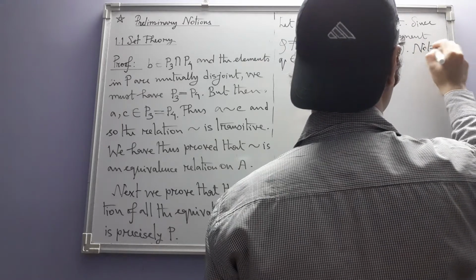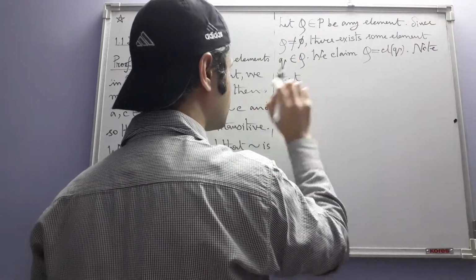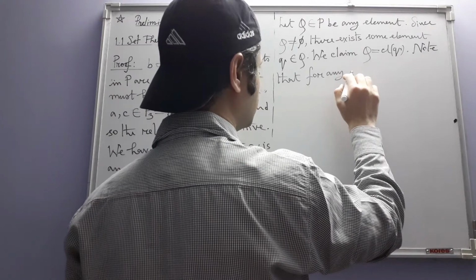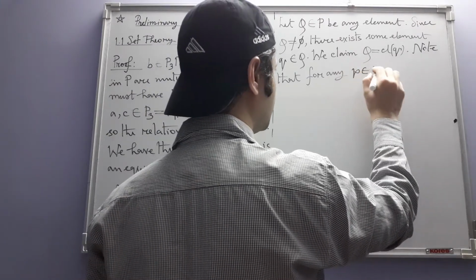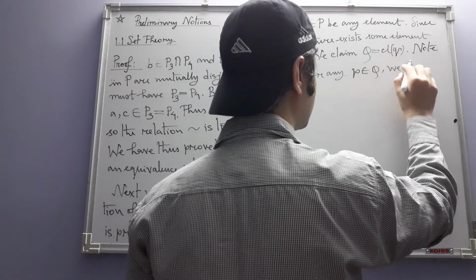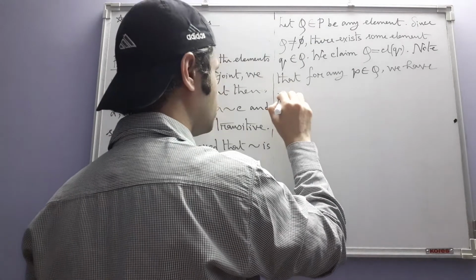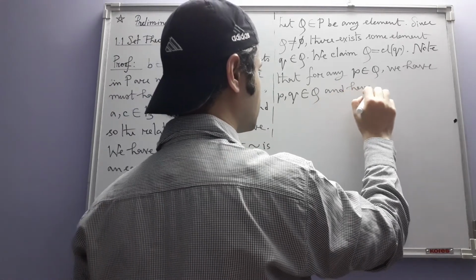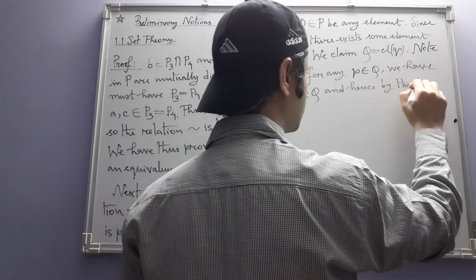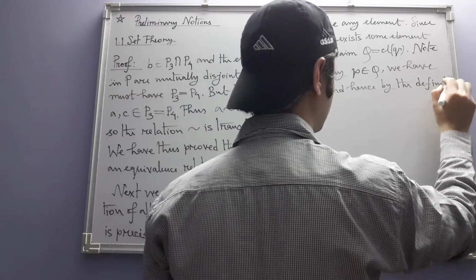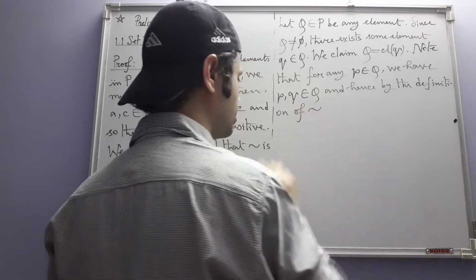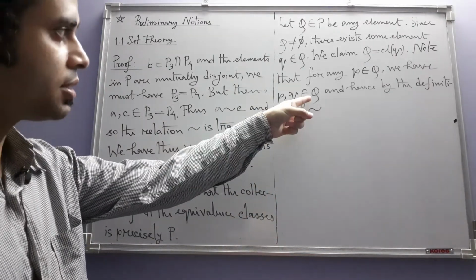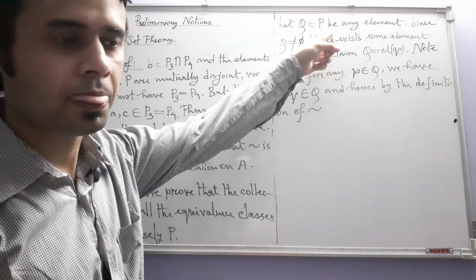Note that for any element p belonging to Q, we have p and q both belonging to Q, and hence by the definition of our relation, any two elements that belong to the same set in P are related.